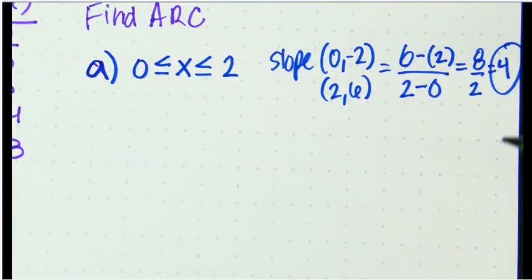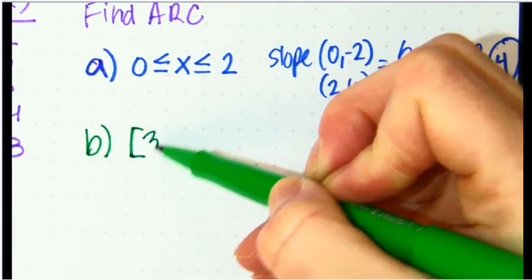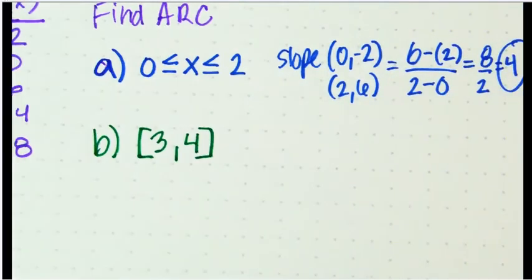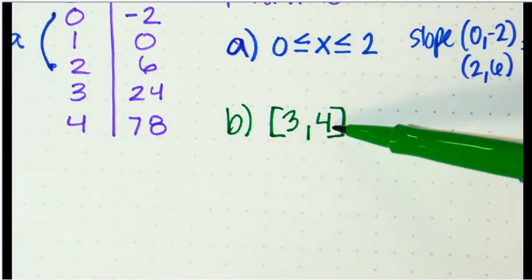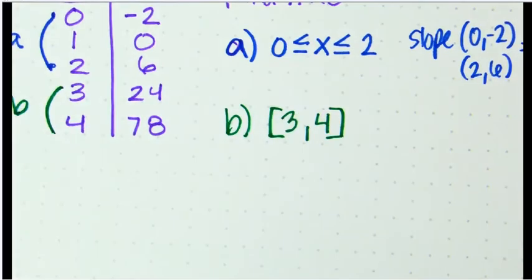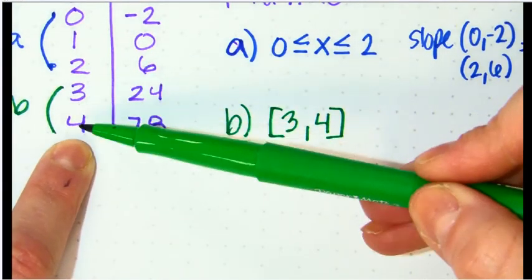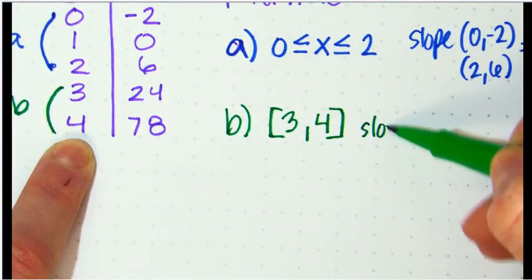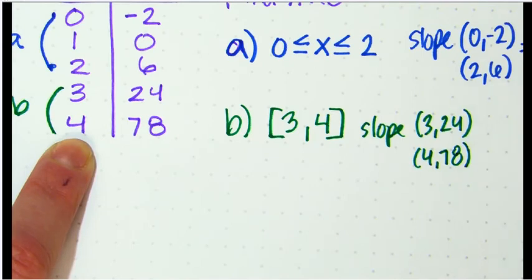So the second one we're going to do, part B, we'll write as an interval. Okay, so the second set of points are going to start when x is 3 and end when x is 4. So that's these 2 points. So again, if we had a bunch of points in between, we would ignore them for this part. They're important to our situation, but for our rate of change, we want to find it from 3 to 4. So we're going to find the slope of the points 3, 24 and 4, 78.